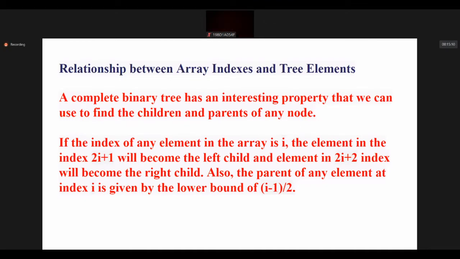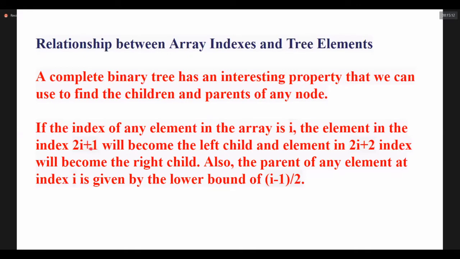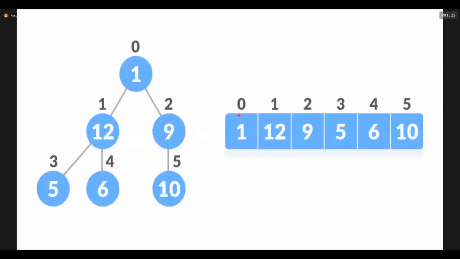Next, the left child of the root is placed at 2 into i plus 1, and the right child of the root is placed at 2i plus 2, meaning 2 into 0 plus 2. Here, 1 is the root node, placed at the 0th index.